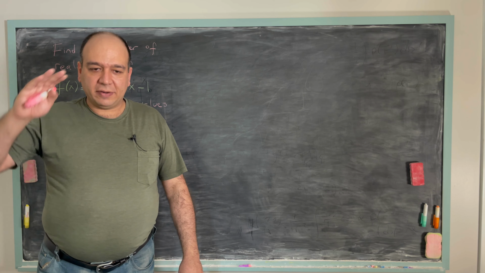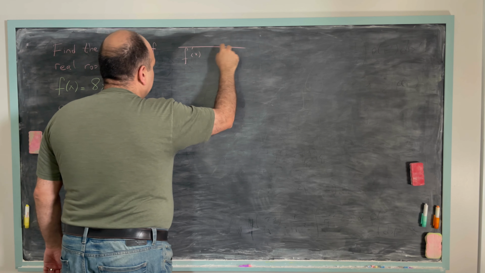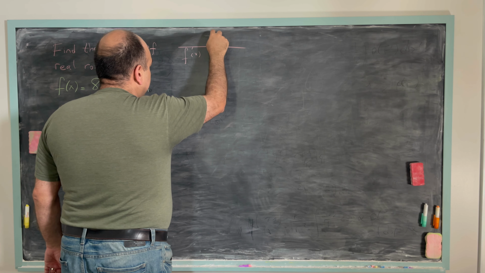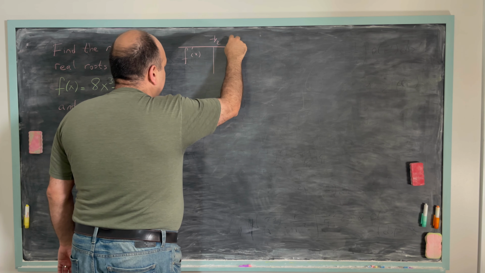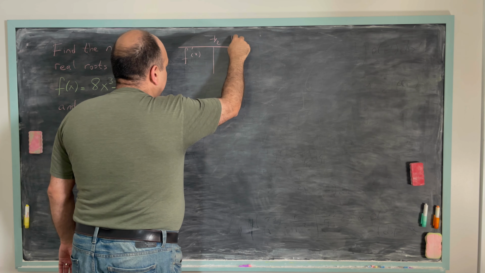Okay? Concave down, concave up. After finding the first and the second derivatives, let's try to see how this function behaves in different domains. So we have f prime of x, and this is minus 1/2, this is 1/2, right?